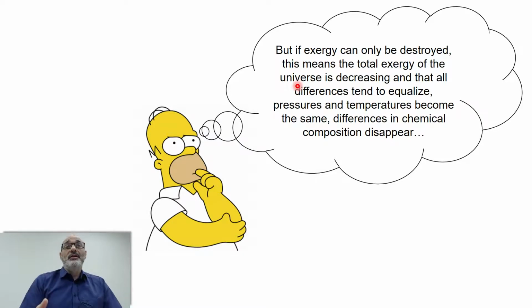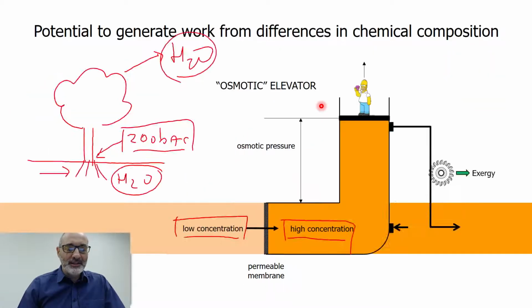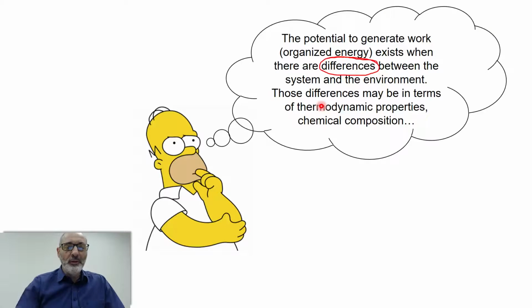So if we consider the universe as a closed system, exergy can only be destroyed, and this means that in the far future, we're not going to have differences in terms of pressure, temperature, chemical composition, and so on. And remember, I'm going back some slides. It's worthwhile.